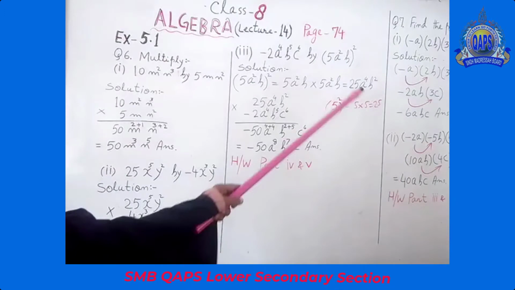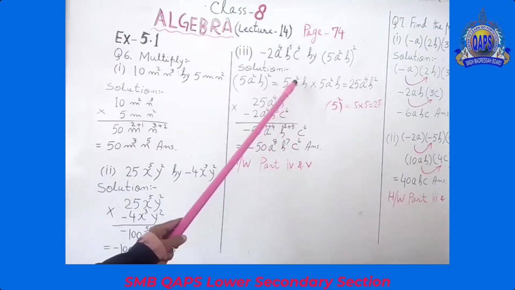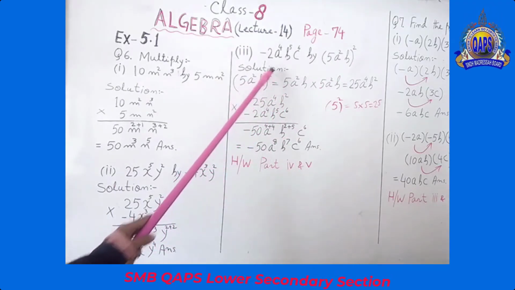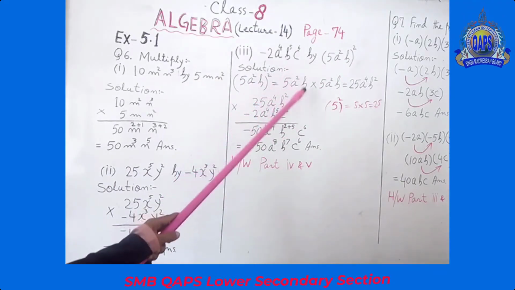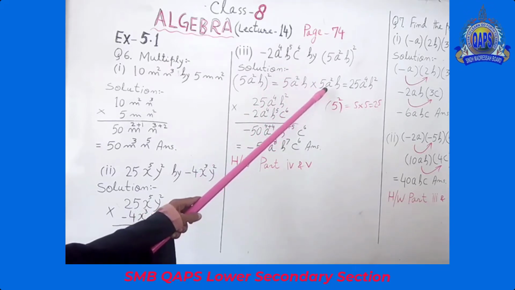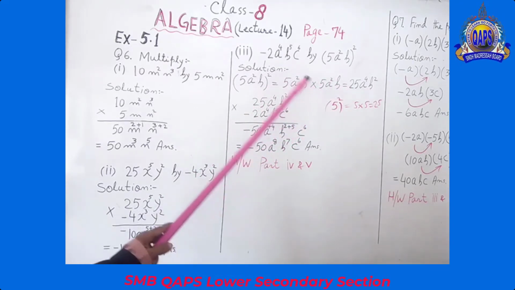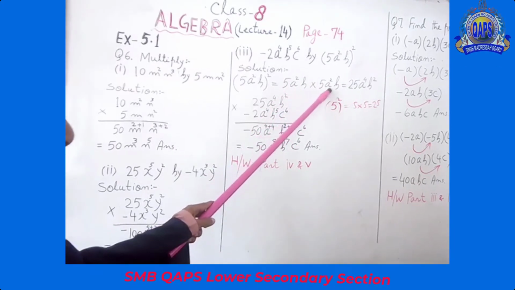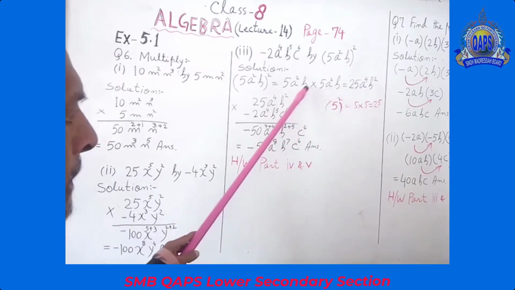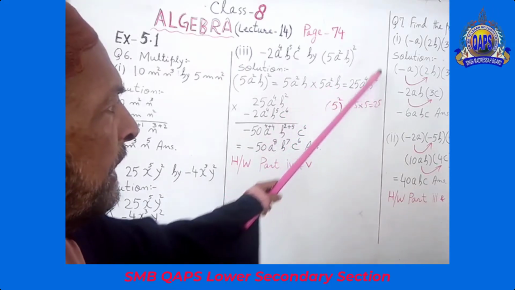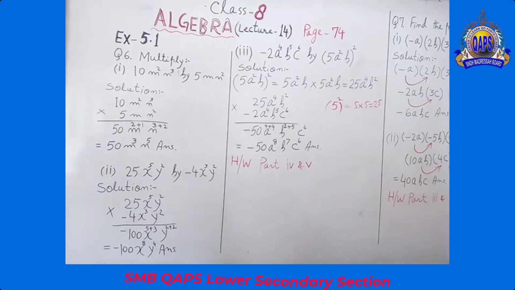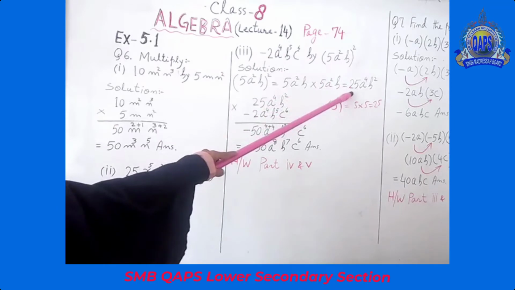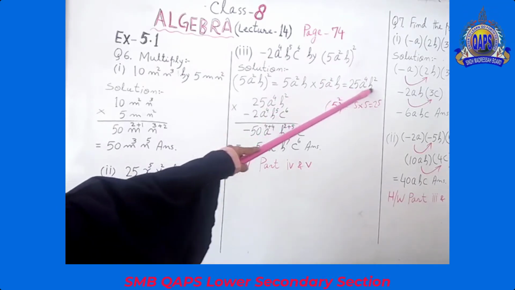Now over here 5a2b whole square. 5a2b whole square means 5a2b multiplied by itself, that is 5a2b. Answer will be 5 fives are 25. a2 into a2 will be a4, b into b will be b2. So the answer of this portion will be 25 a4 b2.